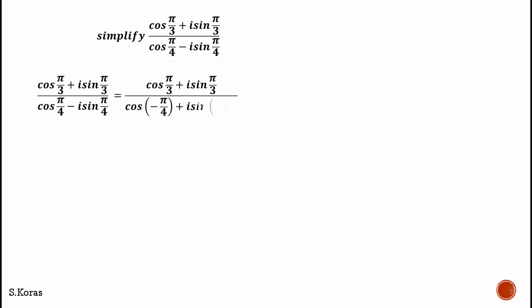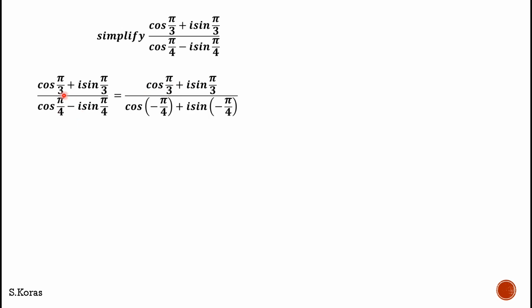So let us do a small adjustment like this. For the numerator we are writing it as it is because it is exactly in the form. But the denominator is not in that form. So let us do one thing.